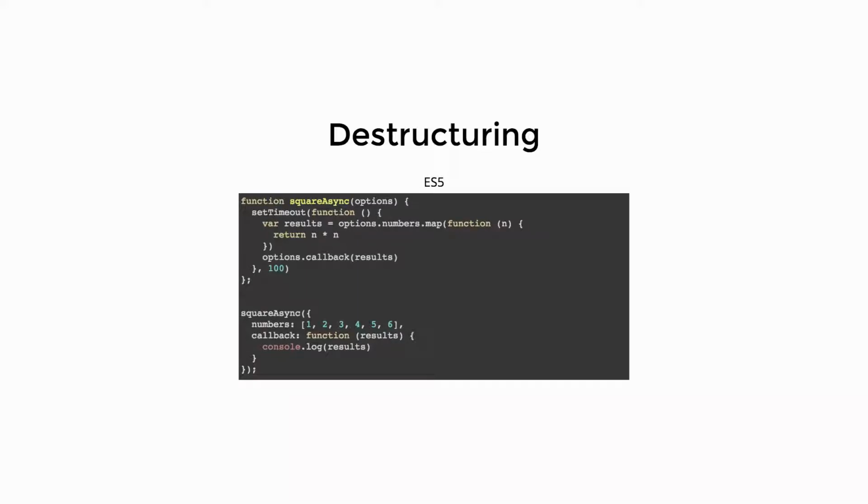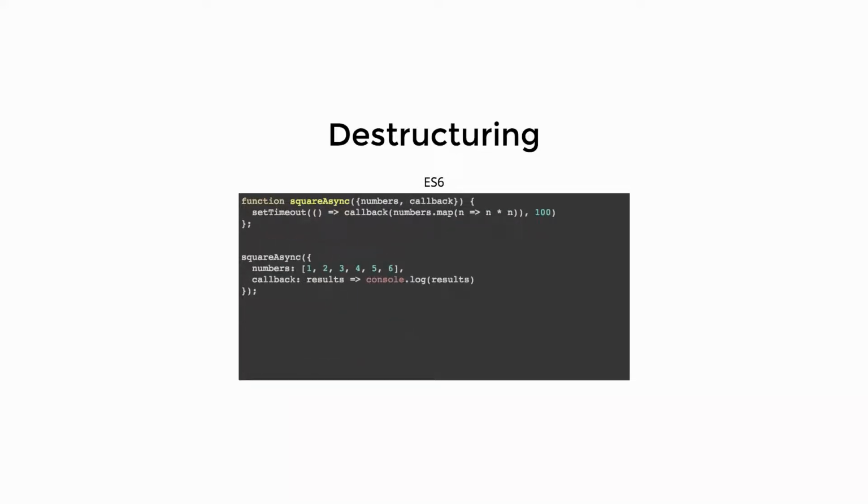So you've got basically two arguments being passed in through the form of an object, numbers and callback, and I've got them up there in options, and you can see I have to reference options.numbers and options.callback in order to get access to them. With ES6, we seriously simplify that, and now we can just reference them, instead of by their index, by their key, their property name. So numbers and callback, really, really cool stuff.